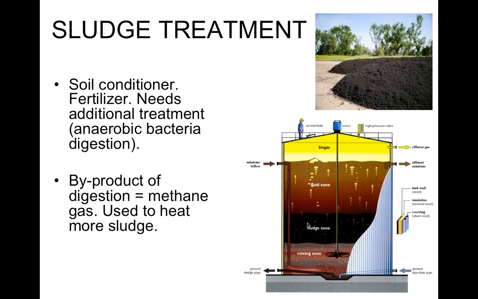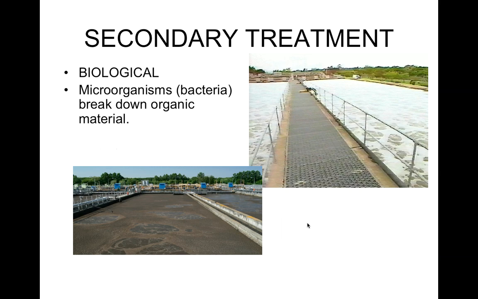The byproduct of this digestion is methane, which would be bad if you're not using it to then heat more sludge and to continue the anaerobic bacterial digestion of sludge. So the methane, though, if it's not being used, is going to be a greenhouse gas that contributes to climate change and global warming.